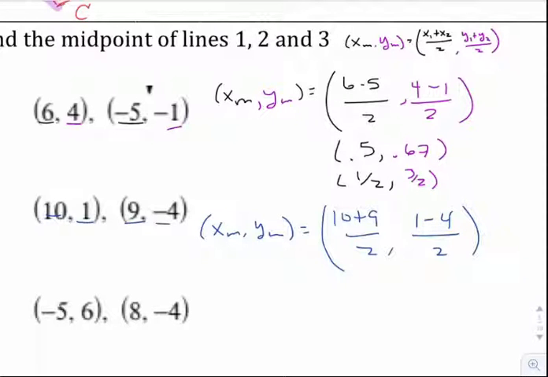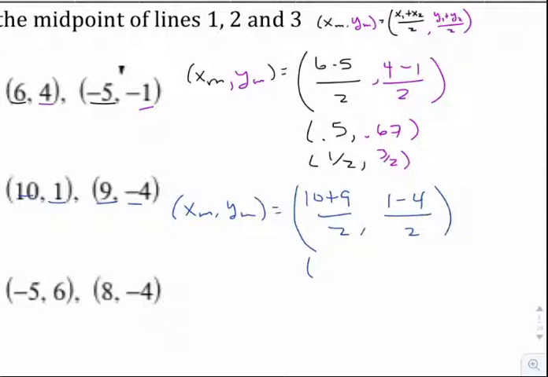I don't think we need to see the whole thing, so I'm just skipping to the end. 10 plus 9 is 19. Cut 19 in half. What do you get? 9.5. Okay, so we have 1 minus 4 to be negative 3, so that'd be negative 3/2.